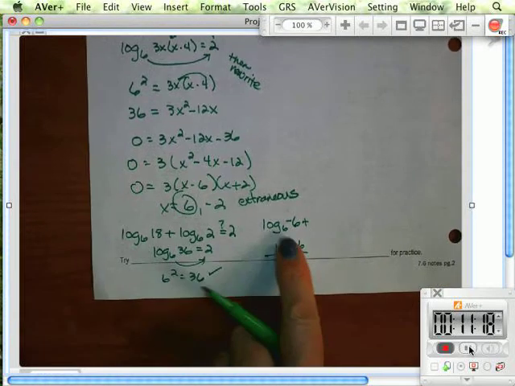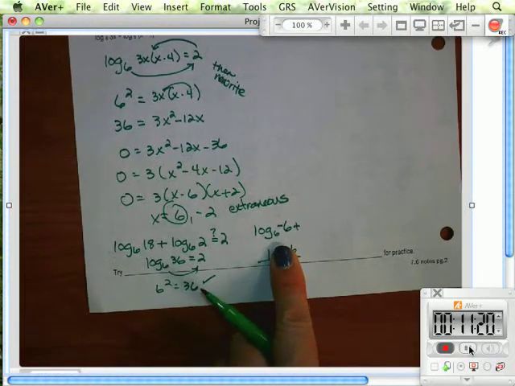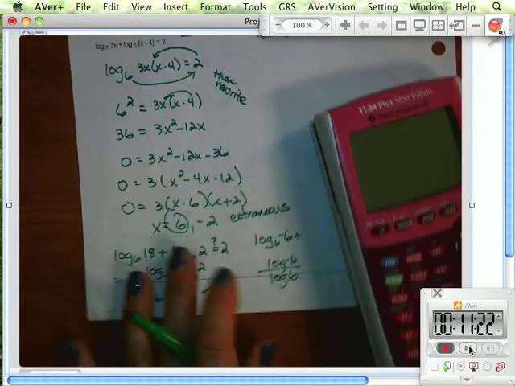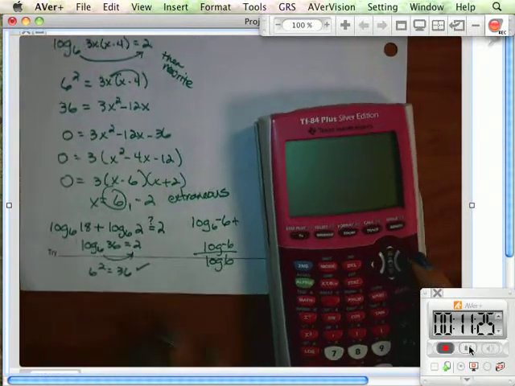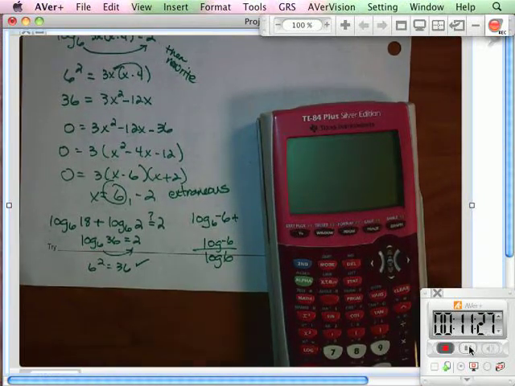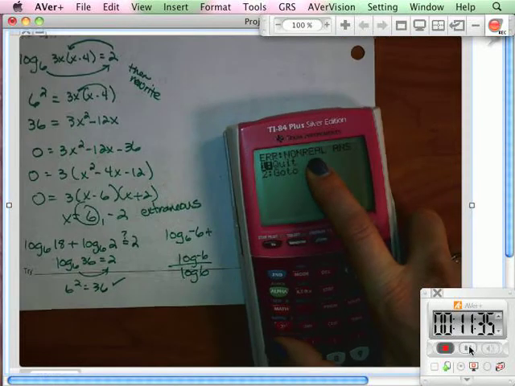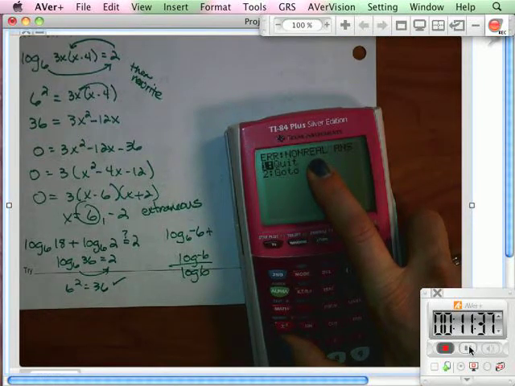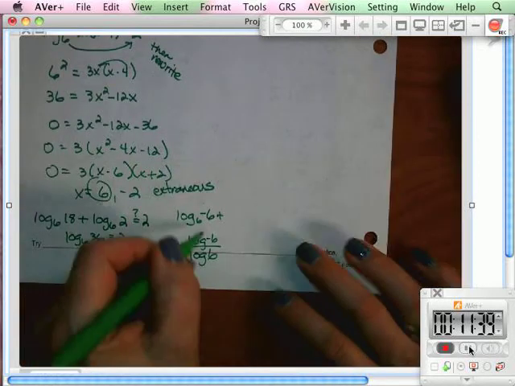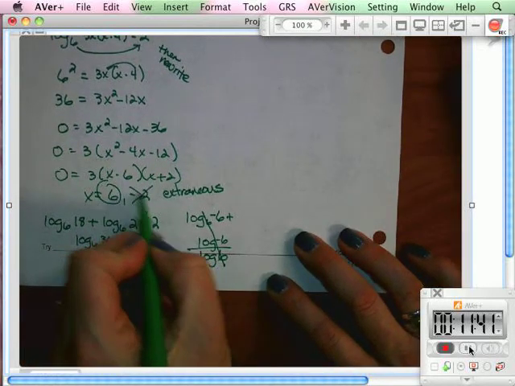I'm just doing this part. I want to see what the calculator tells me. What happens when you put in log of negative 6? Well, it doesn't say error. It actually says something. Look, what's it say? Non-real. You can't do it. So this is a non-real answer, so this one is extraneous.